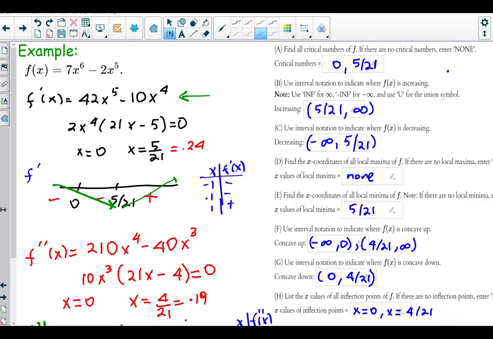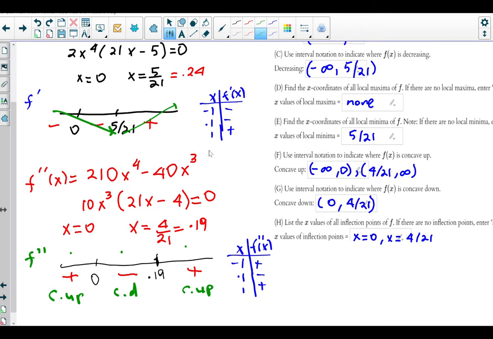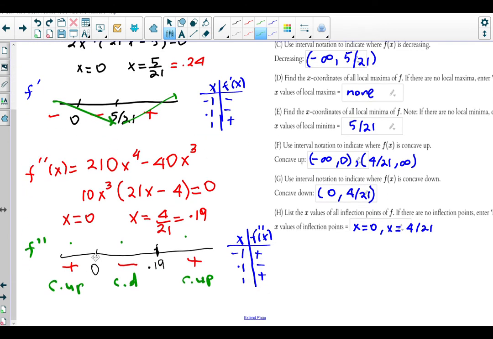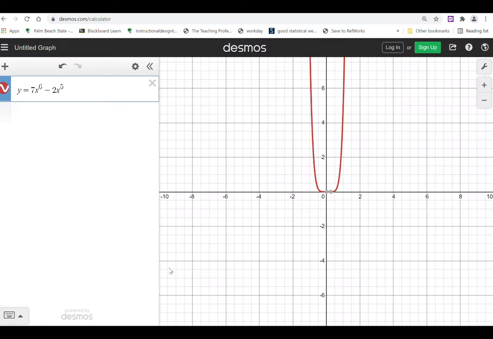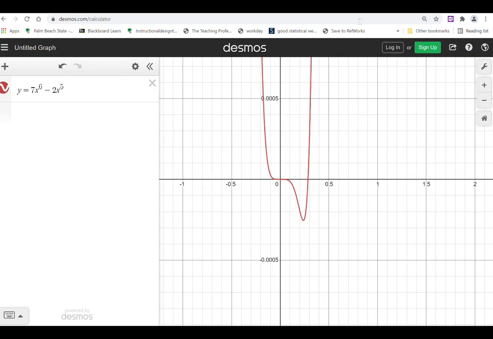Because if you look at our information here, it decreases up to a point and then it increases. But it's supposed to be concave up and then down and then up again. So we don't see that right away, right? But I went in and zoomed in on this graph right around there. I zoomed in a lot, and this is what I found. I'm going only from negative 0.0005 to positive 0.0005.